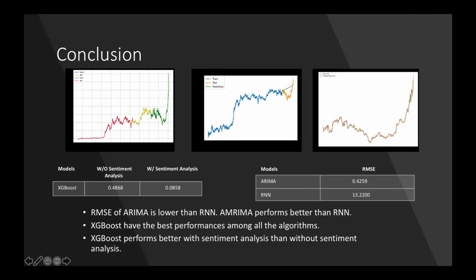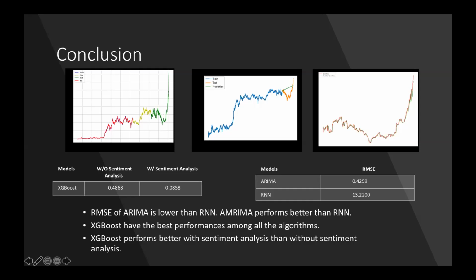The RMSE of ARIMA is lower than RNN, and the ARIMA performs better than RNN. I don't know why, because I did some research that RNN always performs better than ARIMA. So my question, what did you put as a performance there? Is it accuracy or like error rate?